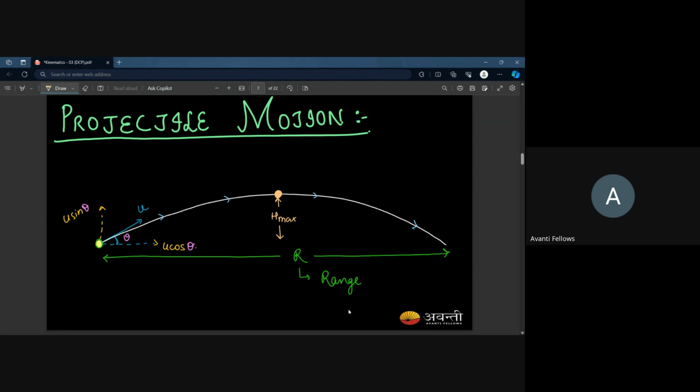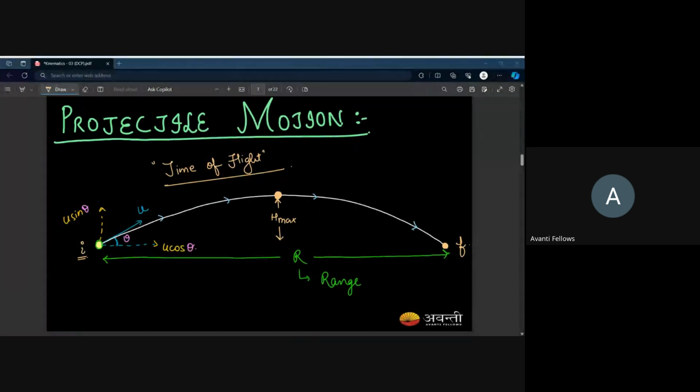The time it takes to travel from the initial point to this final point. I really want to calculate this time of the journey also, and we have a specific name for this, and that is time of flight. So we will talk about three things: time of flight, maximum height, and the range. Is that fine?